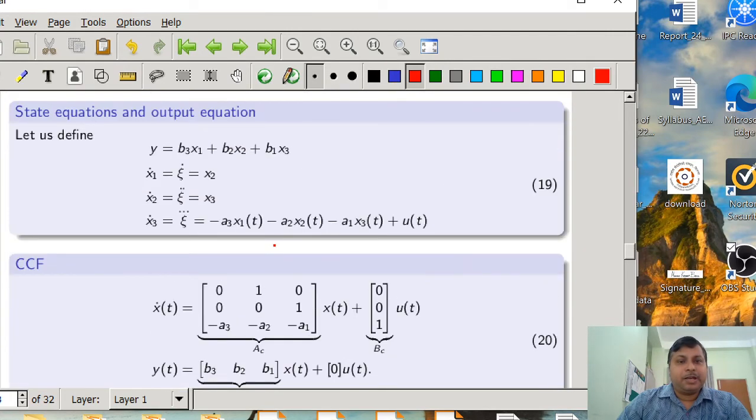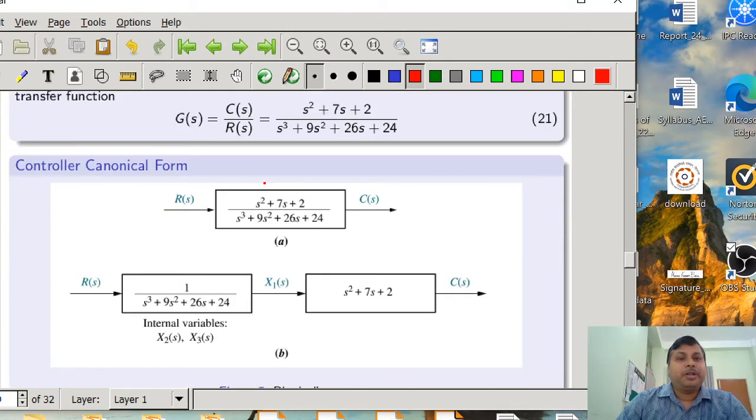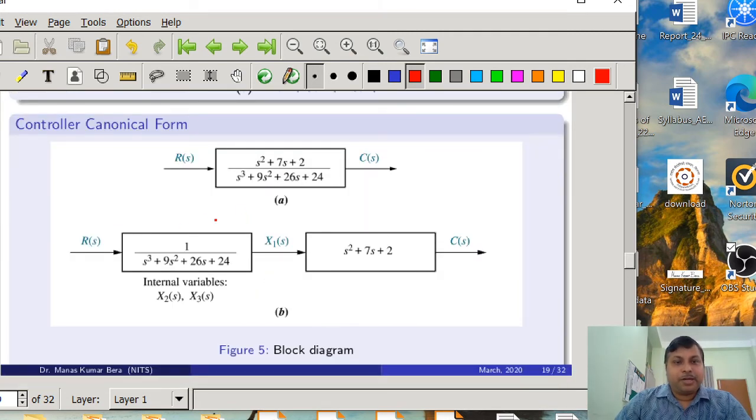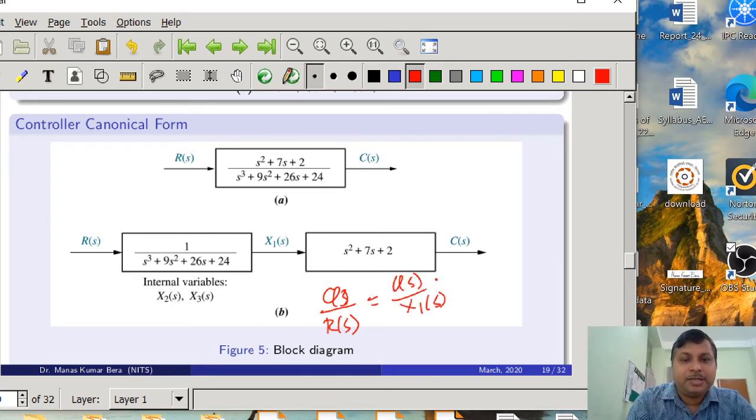Now the same thing we have shown here with an example. Suppose G(s) equal to C(s) by R(s) is given, and this transfer function has to be represented in controller canonical form. As I told you, we can write this transfer function with the help of an intermediate variable. Here the intermediate variable is X1(s). It means that we have written C(s) by R(s) as C(s) by X1(s) into X1(s) by R(s).